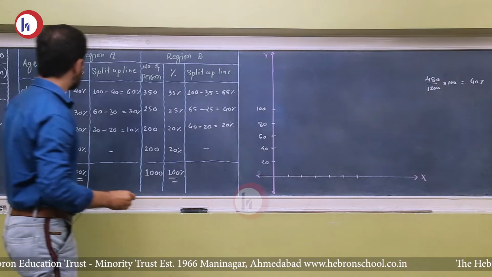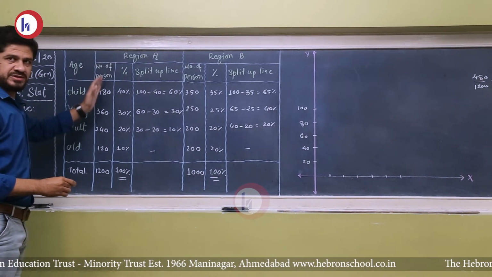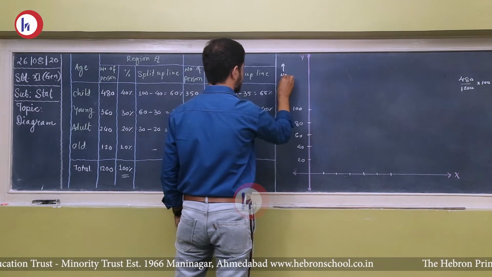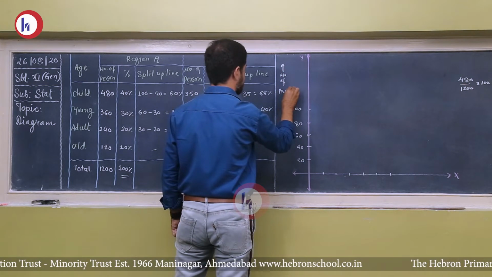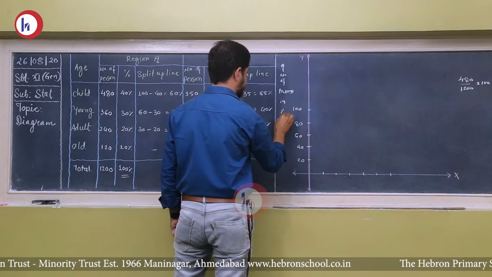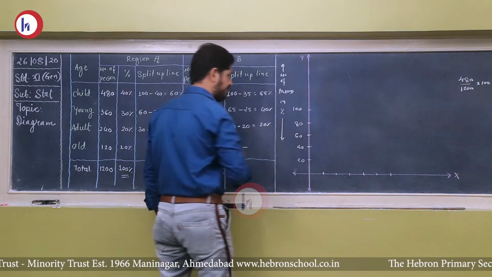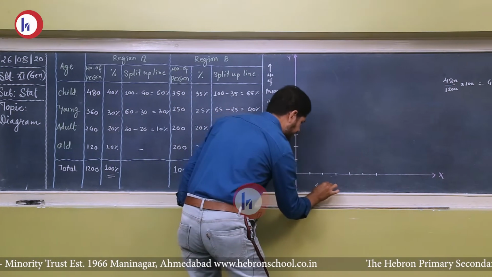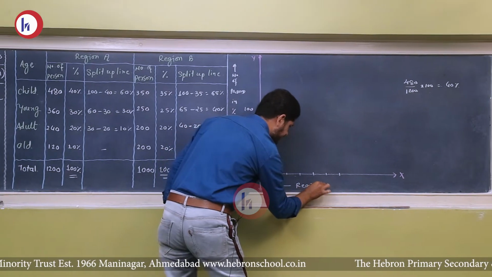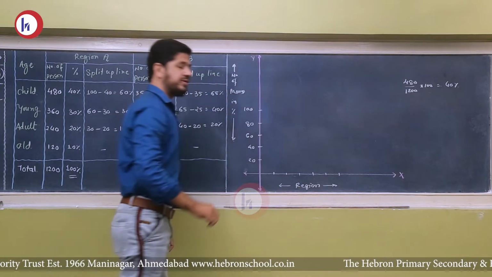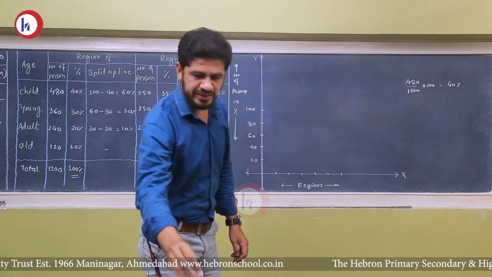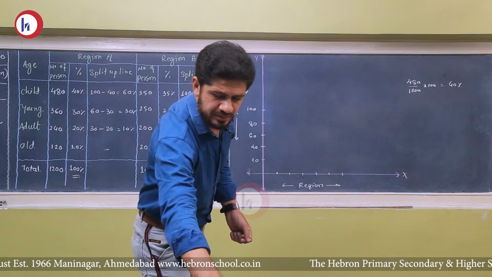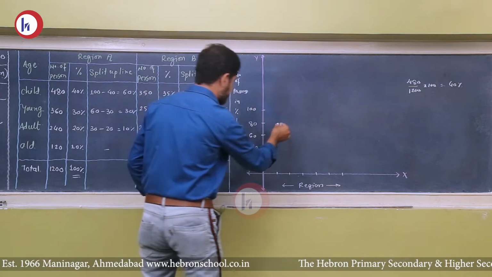Okay. So, what are these? These are the number of persons, so number of persons in percentage. On the x-axis, we will represent region A and region B. The heights of both regions are the same.